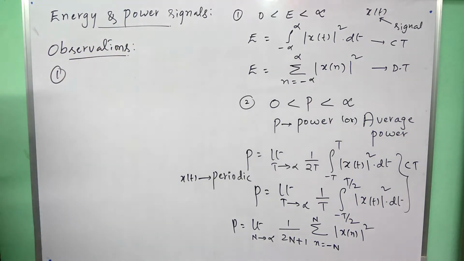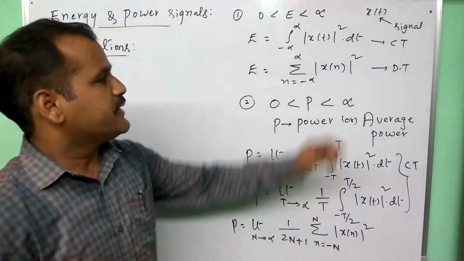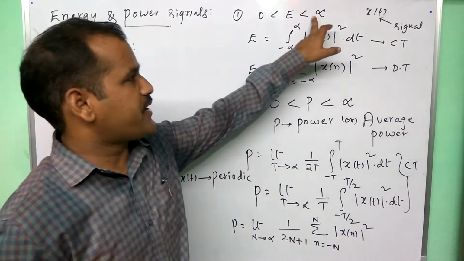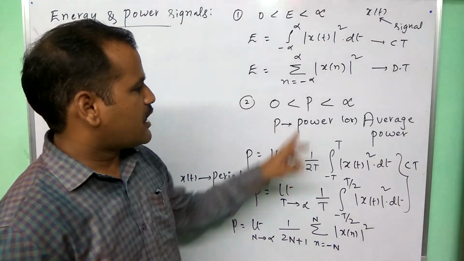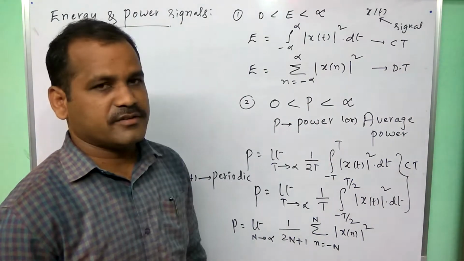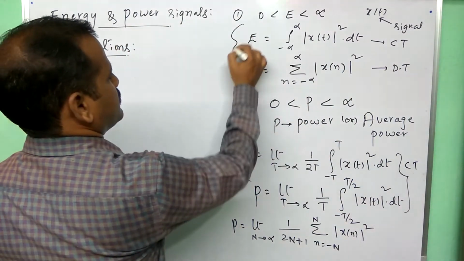The first point we have observed about these signals is that the condition is energy is finite for energy signals and power is finite for power signals.